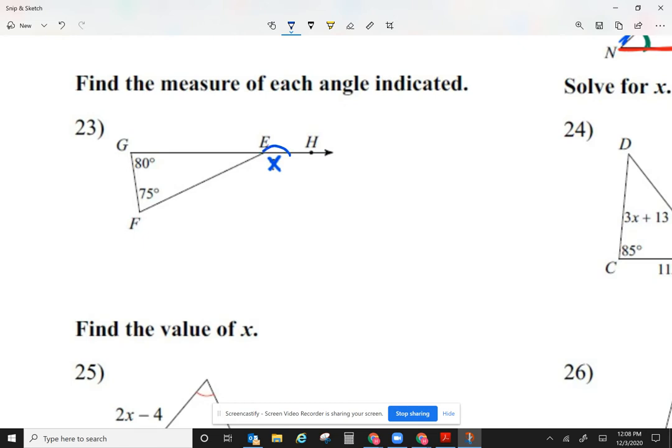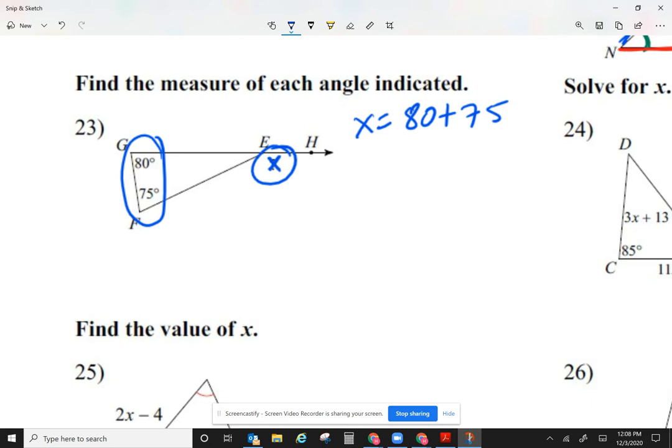So the angle on the outside, in this case x, sometimes the angle on the outside might be a number, but in this case, x equals, the angle on the outside equals the two angles on the inside. I'm going to go 80 plus 75. It is always the angle on the outside by itself, and you add the two angles on the inside.